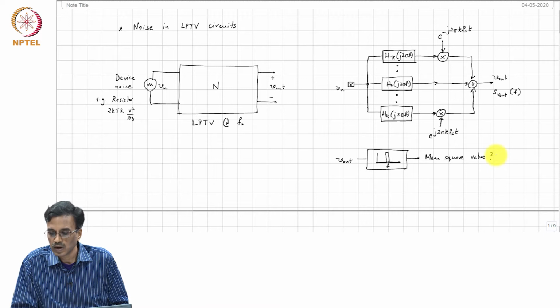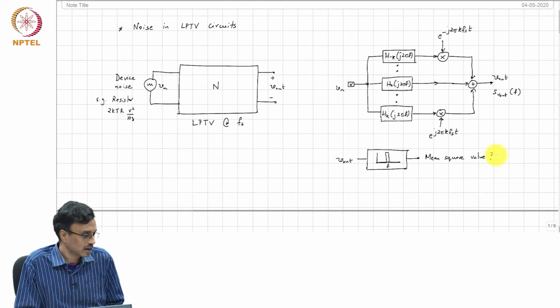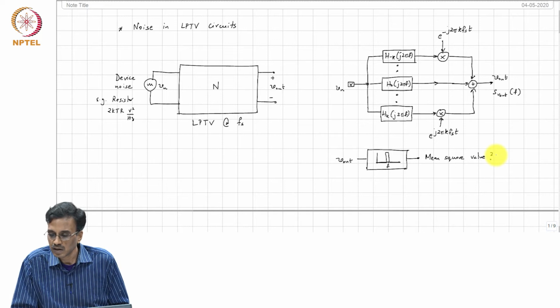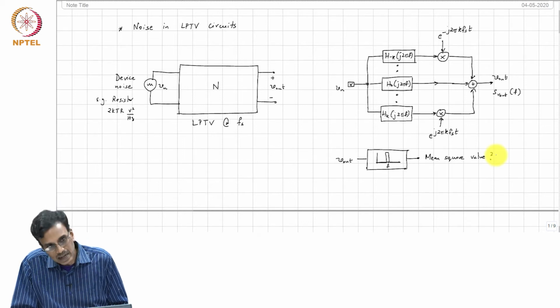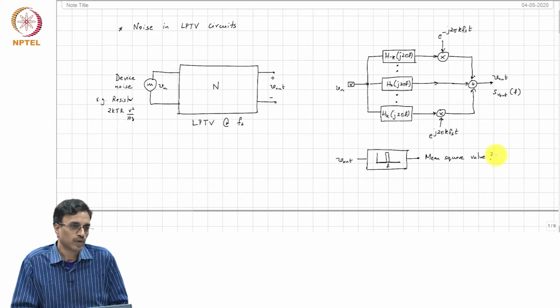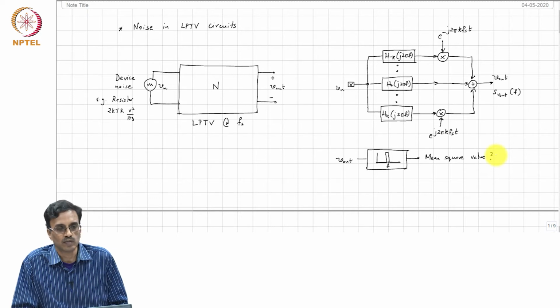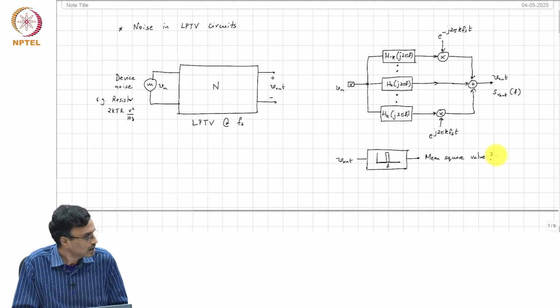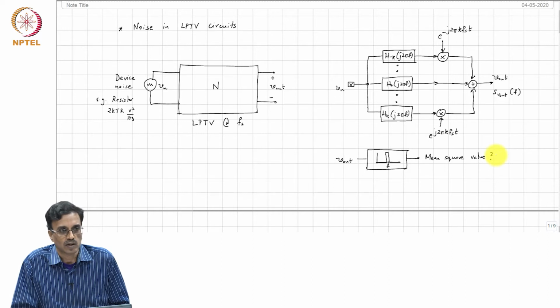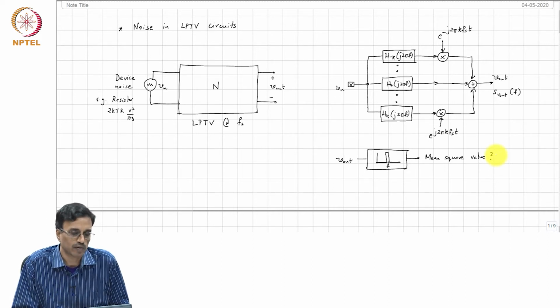What are the differences between what happens in a time invariant circuit and a time variant circuit? In a time invariant circuit, if you have an output noise component at a frequency f, that can only come from an input noise frequency which is at f. Now, we have to worry about not merely the power of the input noise at f.